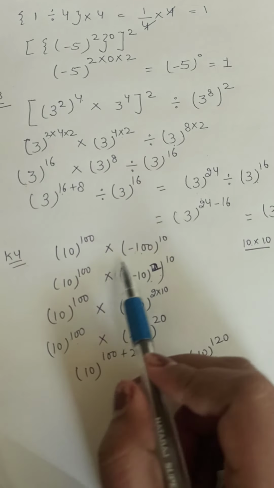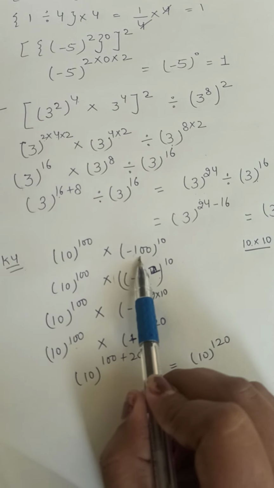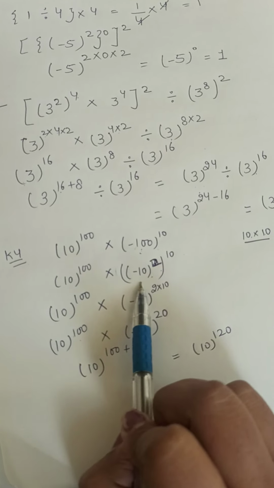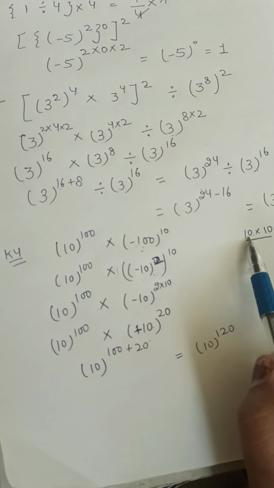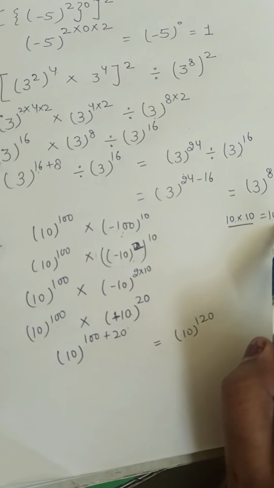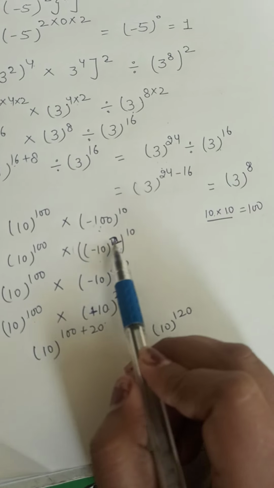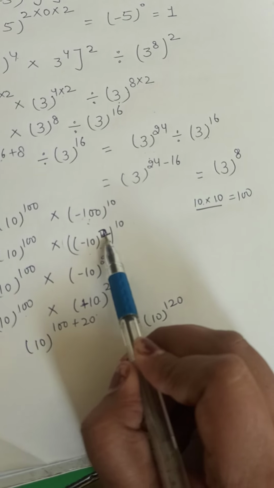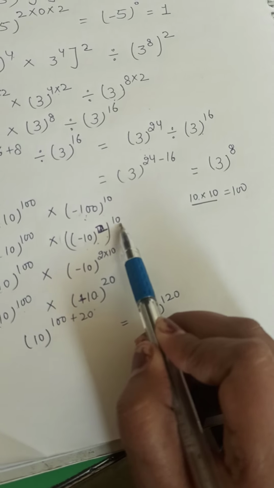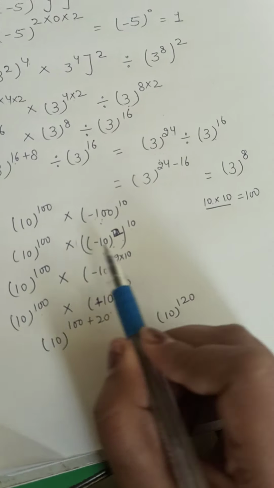Clear this question? See, here I will represent this 100 also in the form of 10 to make the bases equal. So when we multiply 10 with 10, it is equal to 100. So 10 to the power 2, whole to the power 10, because it is already given.